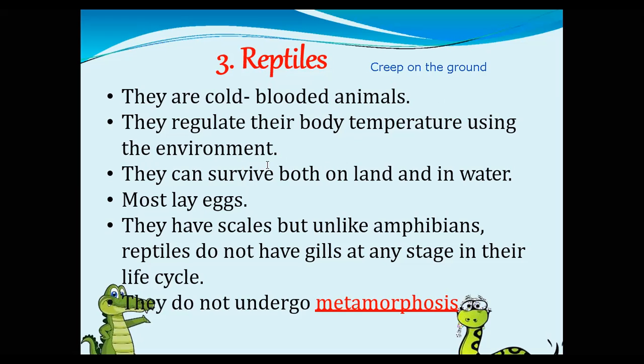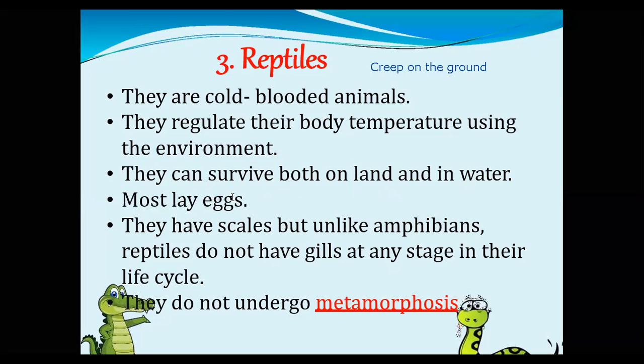They can survive both on land and in water. Let's say a crocodile. A crocodile is a reptile, and it can survive in water and on land. We have seen snakes. Snakes can survive in water and on land also.